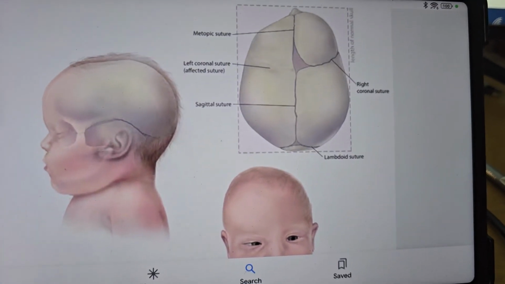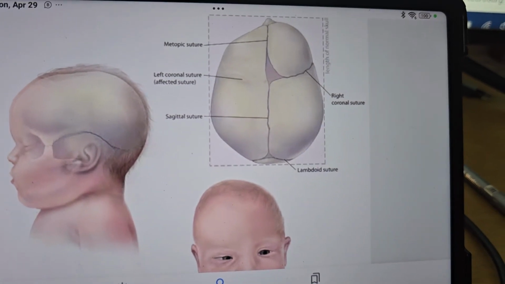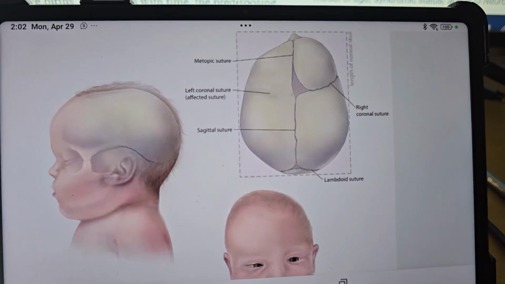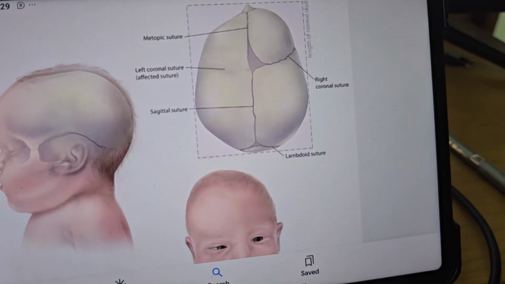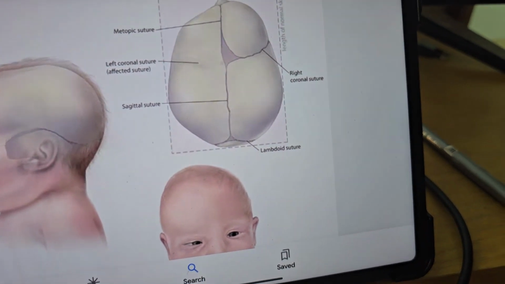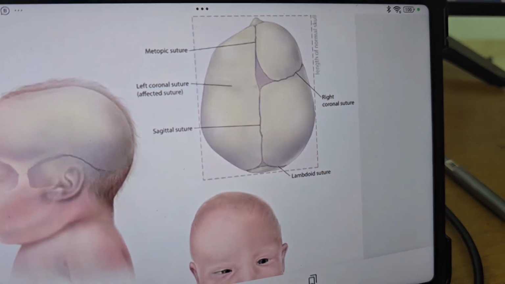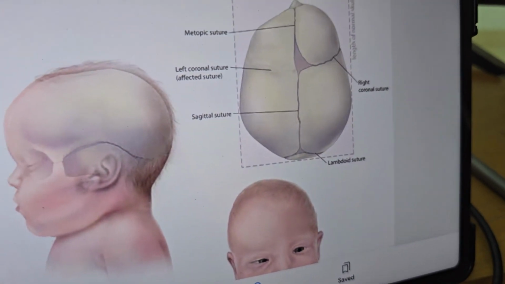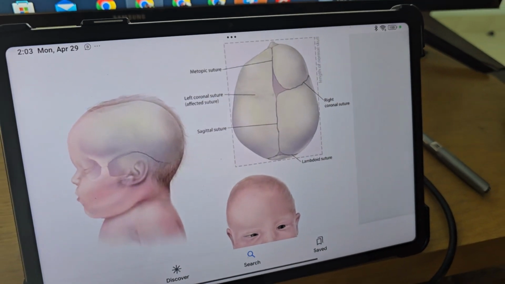This is a very basic picture I took, and you can appreciate the early closure of one suture. Here the left coronal suture has been closed, the affected suture. On the other side, the right coronal suture is still within normal limits, the unaffected one.